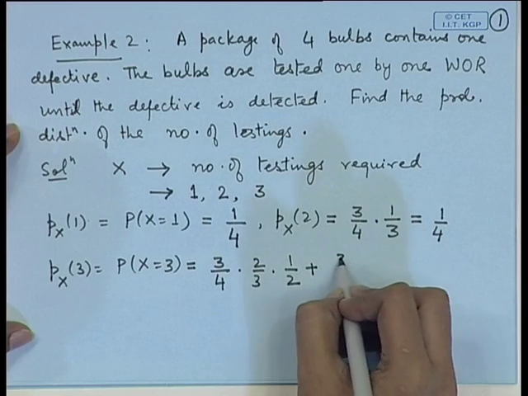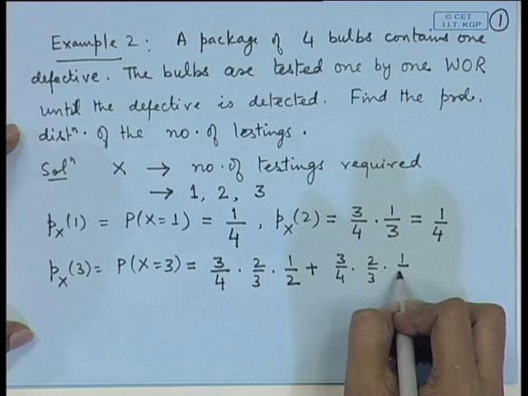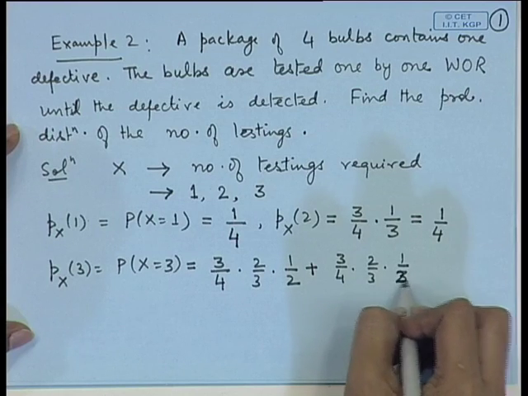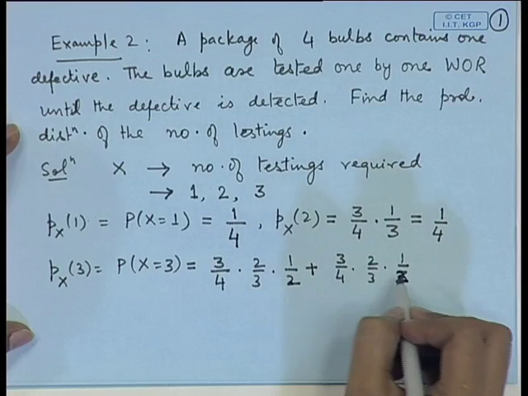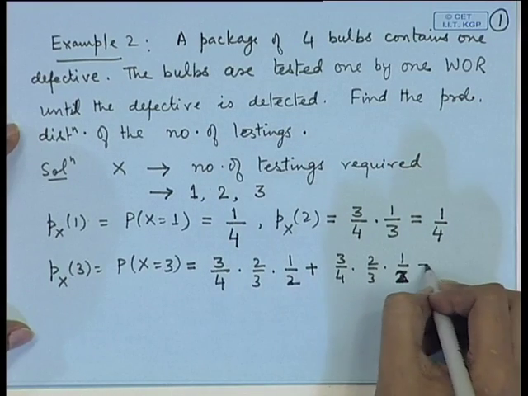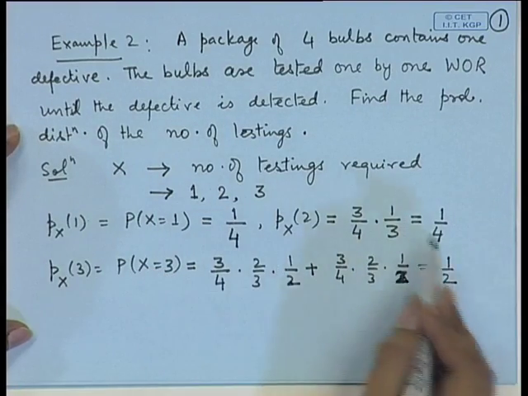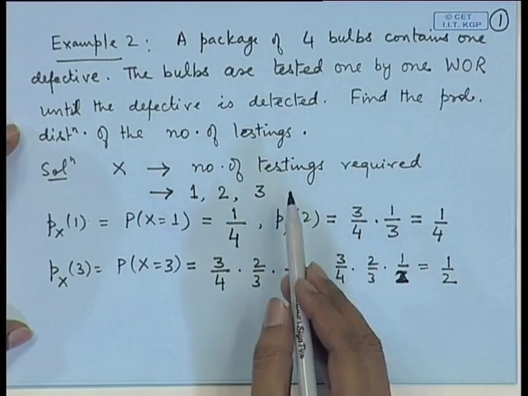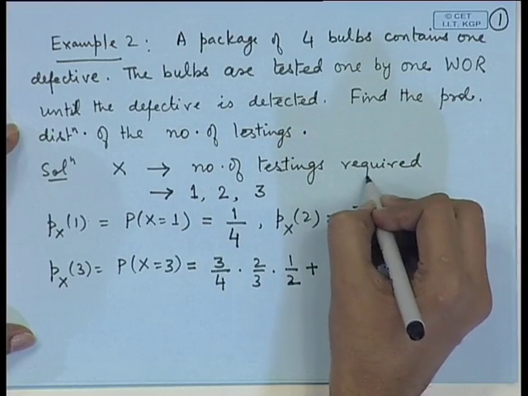We should also take into account the possibility that the third one is non defective, because whether the third is defective or not, the outcome is known, that the fourth one will be defective or not. So, it is actually equal to half. So, this is the probability distribution of the random variable X, the number of testings required.